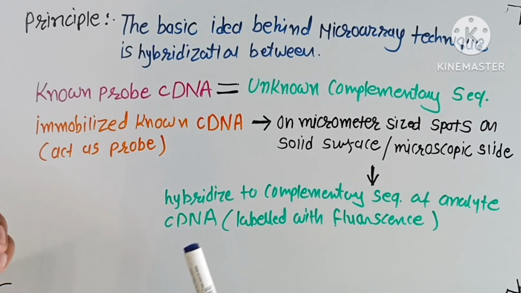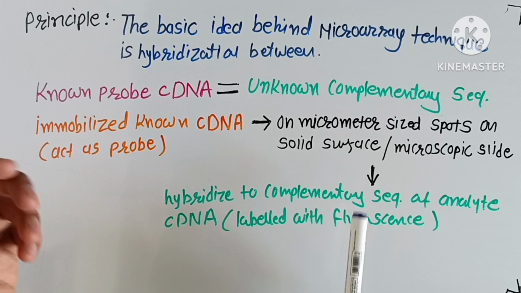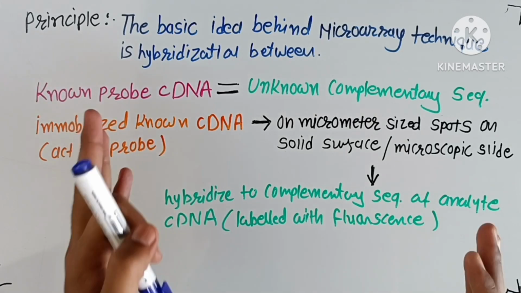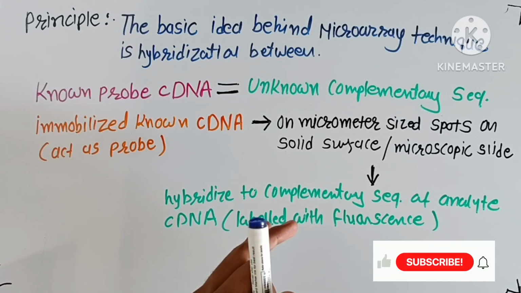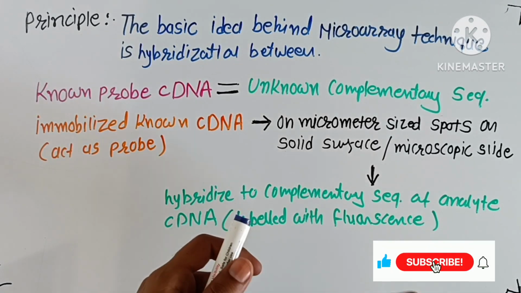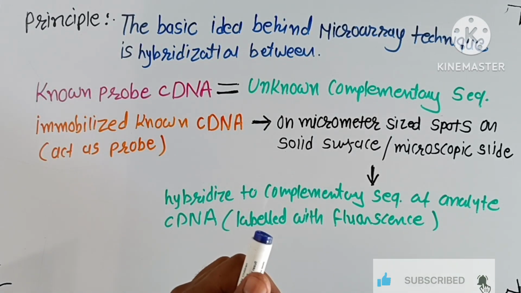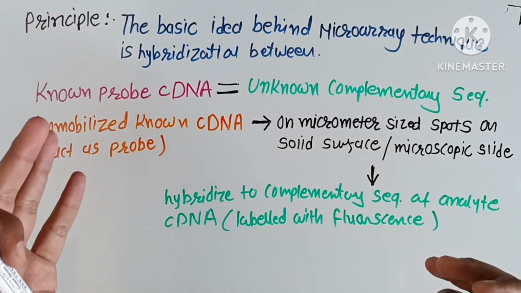The signal is generated because our analyte is labeled with a fluorescent dye. So the basic concept behind this microarray technique is hybridization. Now, to brief it completely, we are taking one example.